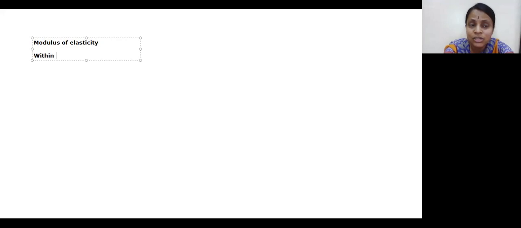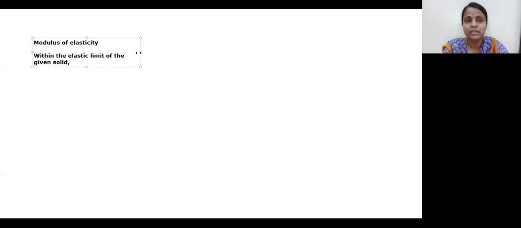But the condition in which we are going to define the modulus of elasticity is within the elastic limit of the given solid. That means if you go beyond the elastic limit, we cannot define this modulus of elasticity. So within the elastic limit of the given solid, is that clear?